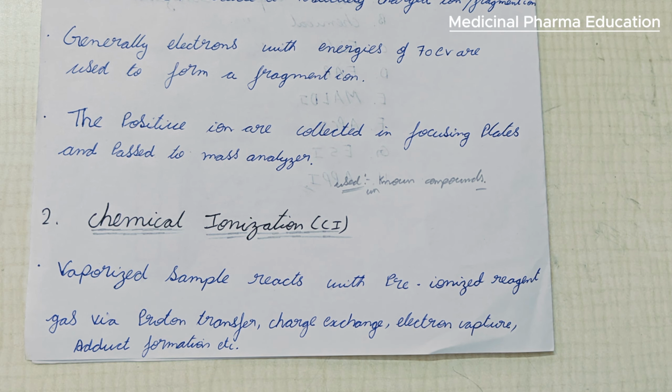Next, chemical ionization. Vaporized sample reacts with a pre-ionized reagent gas via proton transfer, charge exchange, electron capture, or adduct formation. These are different types of processes that take place in chemical ionization.